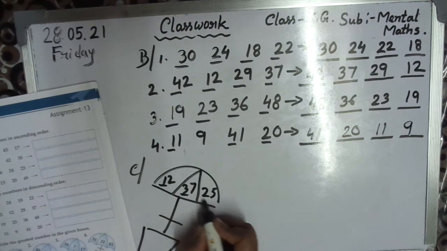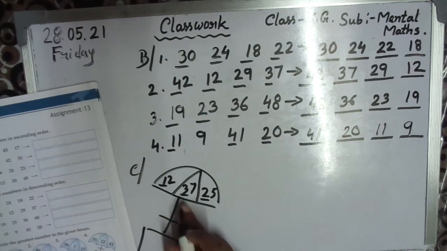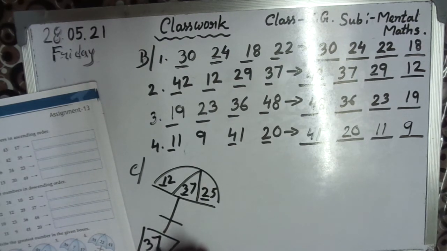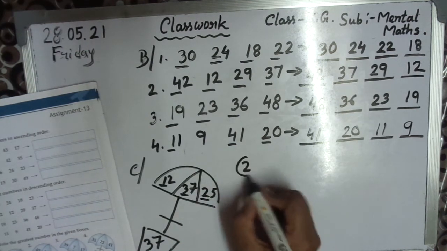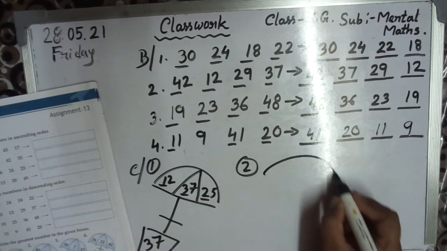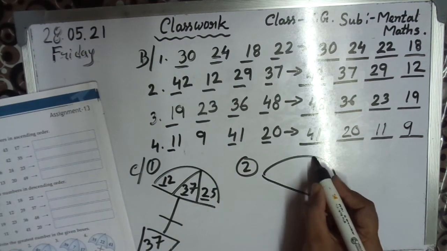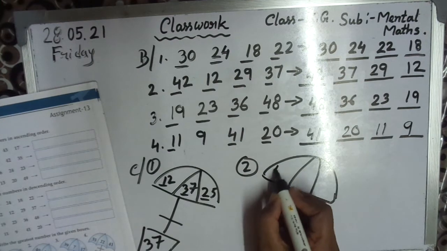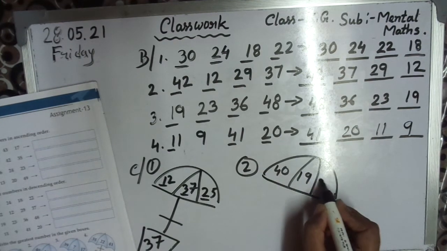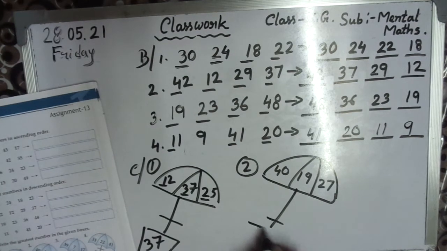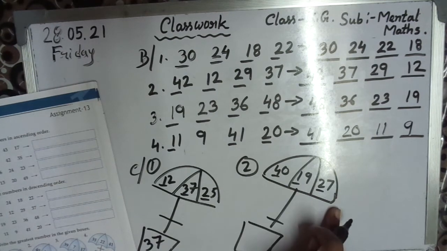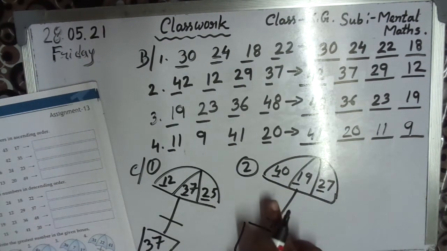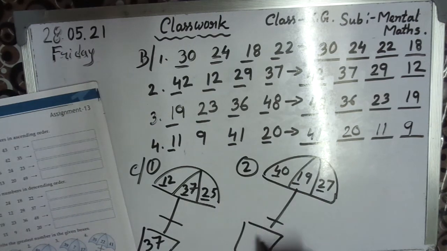So tens I underline. 37 is greatest number. Okay. Next 2. 40, 19, 27. Okay. So find it. 4, 1, 2. So great number, big number, 4 tens. So right here 40.